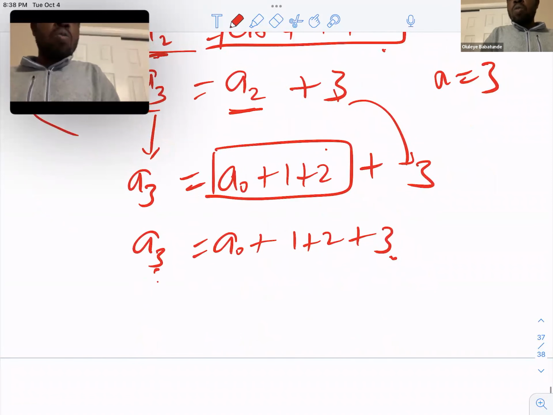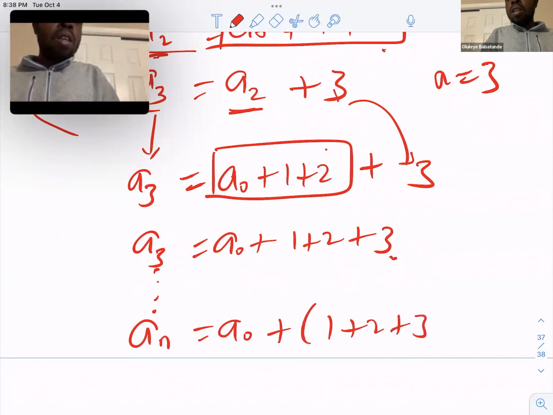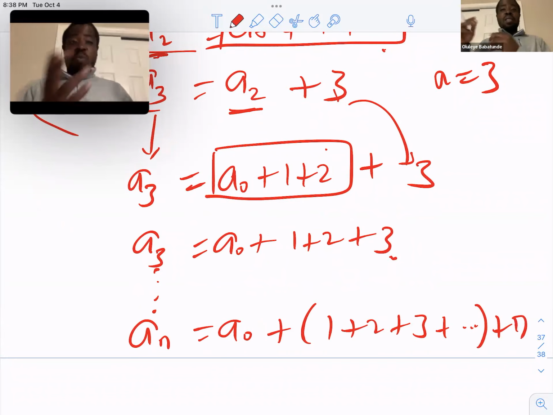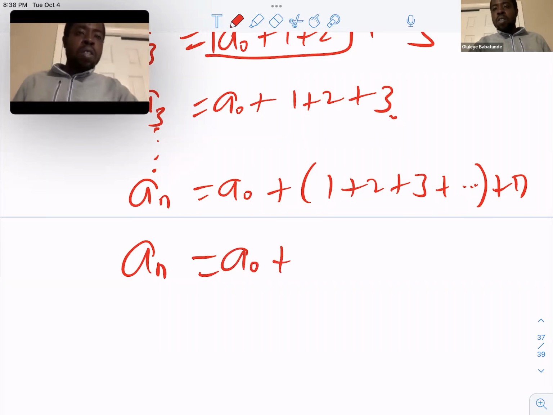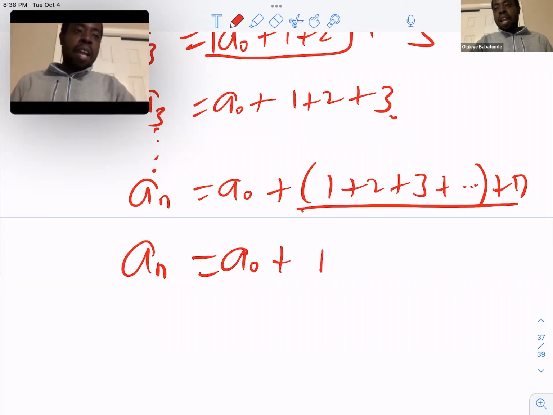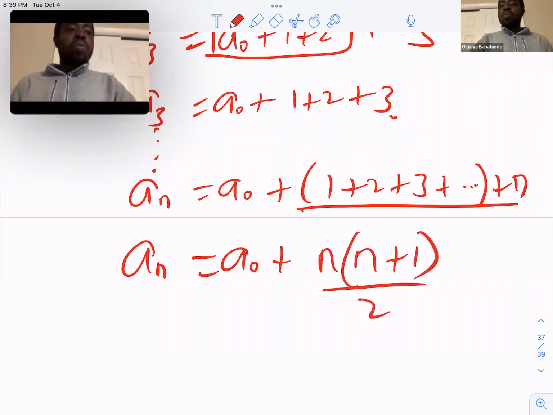So we continue this way, a_n is going to be a_0 plus 1 plus 2 plus 3 plus n. It's going to be the last one. And I've given you a formula before that the sum of the first n natural numbers is given as n times n plus 1 over 2.